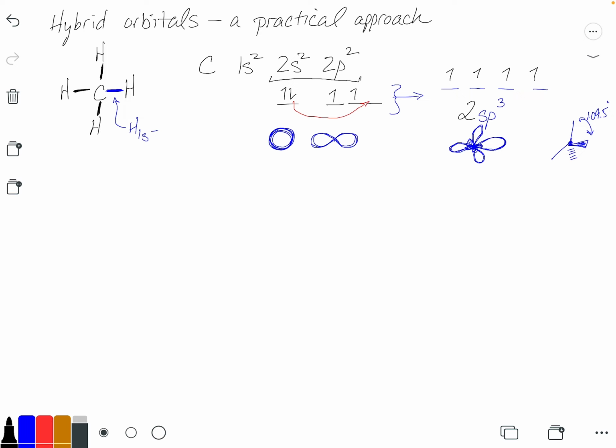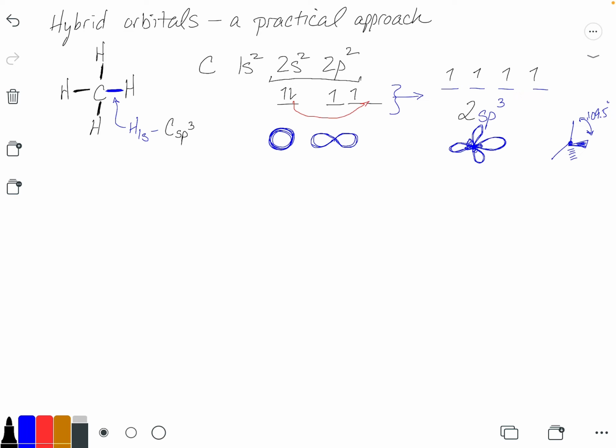And so if I want to have 4 groups of electrons around a central atom, I'd better have 4 orbitals to accomplish that. And if I want to have 4 hybrid orbitals, those orbitals have to be sp3, right? That's the result of combining together an atomic s orbital with 3 separate atomic p orbitals. And that's where that 3 comes from.